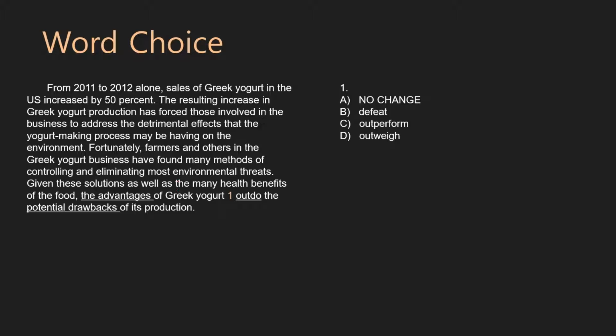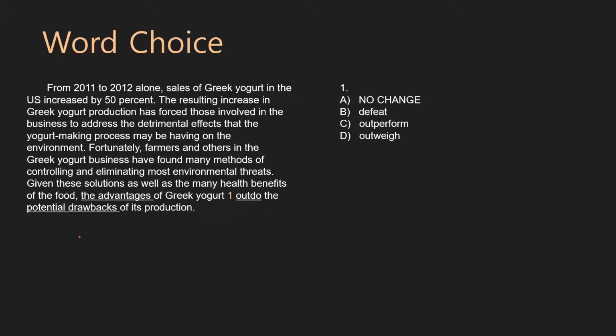Here's what I mean. I would say something like, the advantages of homework outdo its drawbacks. The advantages of homework defeat its drawbacks. The advantages of homework outperform its drawbacks. Or the advantages of homework outweigh its drawbacks.